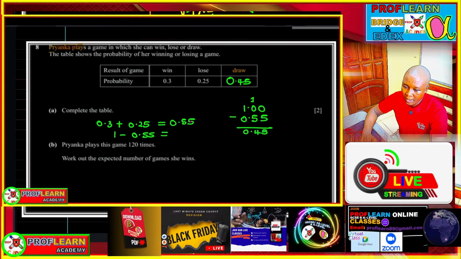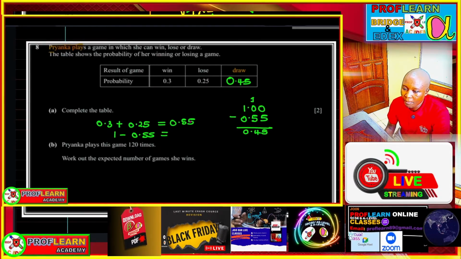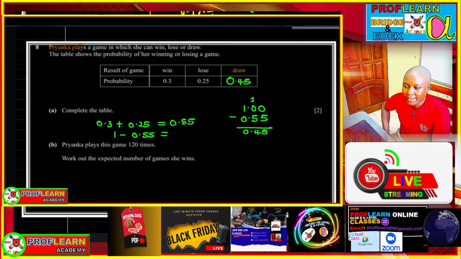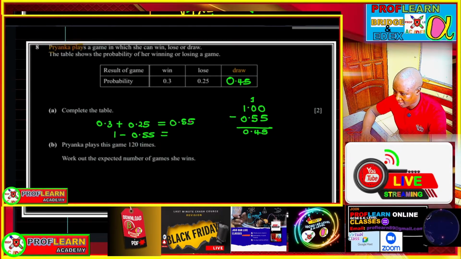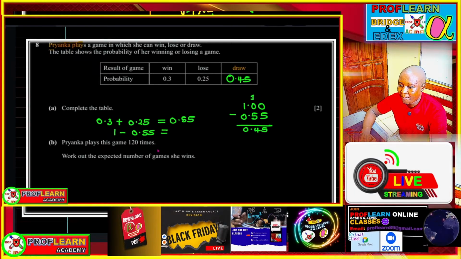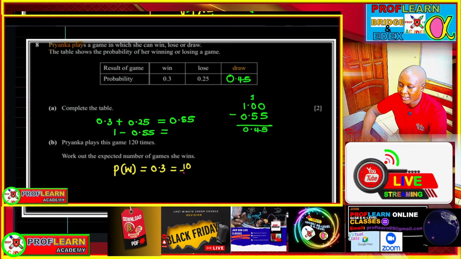Then we are told that Priyanka plays this game 120 times. Work out the expected number of games she wins. So remember, the probability of winning is 0.3, which we can write as 3 over 10.